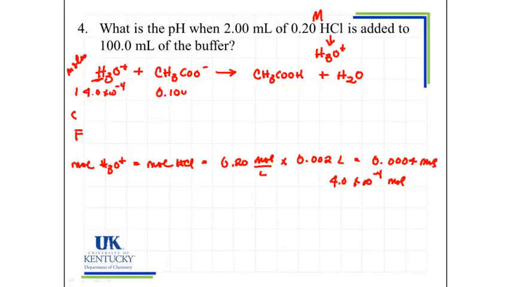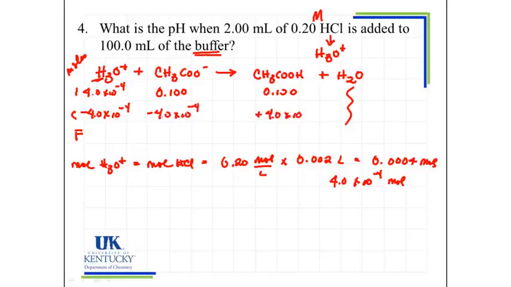It's the same buffer we had before, and the moles we determined before were 0.1, and I don't care about the water. This is being added to the same buffer we've been working on all along. We're going to consume the smaller of the two reactants. That is the 4.0 times 10 to the minus 4. Carry that across in the change line according to the balanced equation.